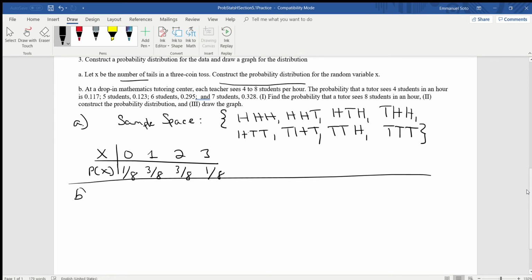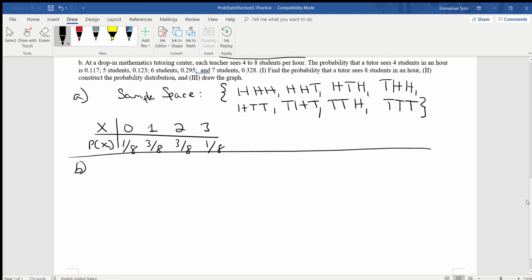So for part B, we are looking at a drop-in mathematics tutoring center, each teacher sees 4 to 8 students per hour. The probability that a tutor sees 4 students in an hour is 0.117, 5 students 0.123, 6 students 0.295, and 7 0.328. Find the probability that a tutor sees 8 students in an hour.